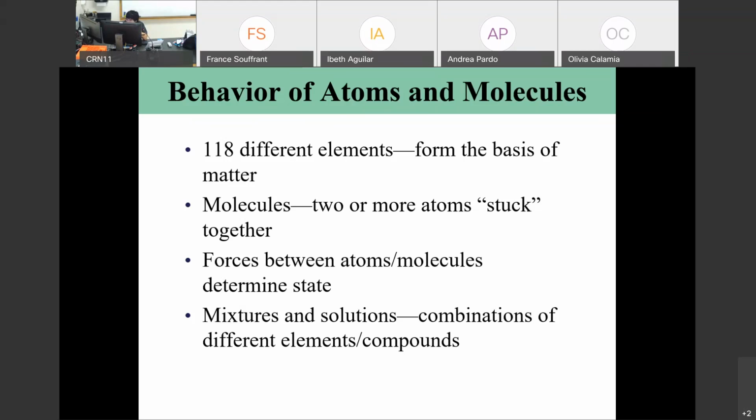The basic unit for a compound is a molecule, and then we have a mixture and a solution. A mixture or a solution can be homogeneous or heterogeneous. You probably have heard about that, and you can do them in the lab. Lemonade, for example, is a nice mixture there. Solutions, you can make them in the lab, in chemistry. And that's just a combination of different elements and compounds. For example, sulfuric acid.